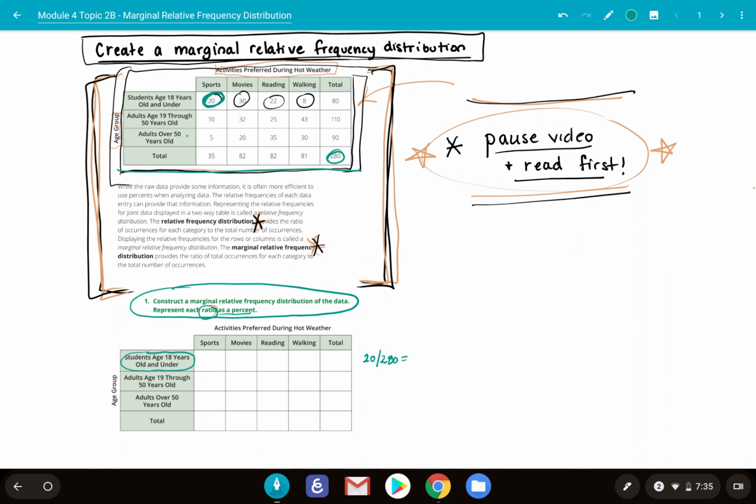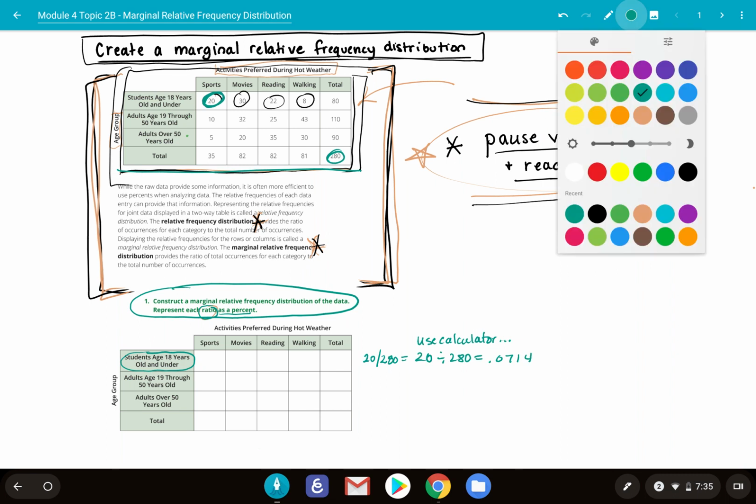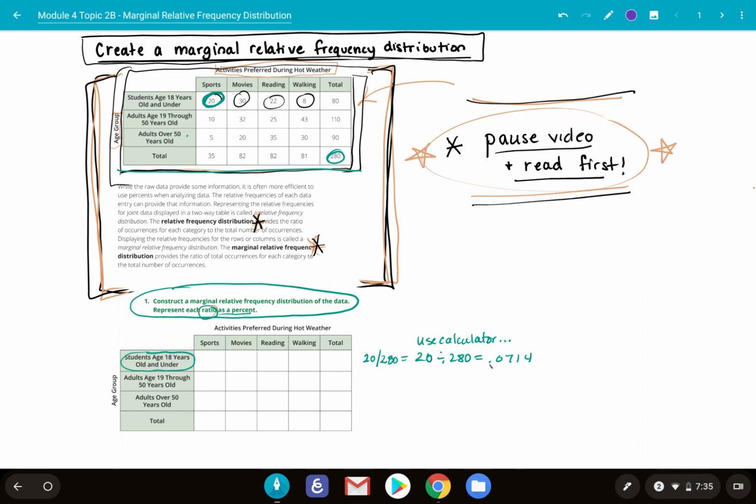With a calculator, 20 divided by 280, I'm going to get 0.0714. And we need to change this to a percent. To change to a percent, we just move 2 decimal places to the right. So that'd be 7.1%.